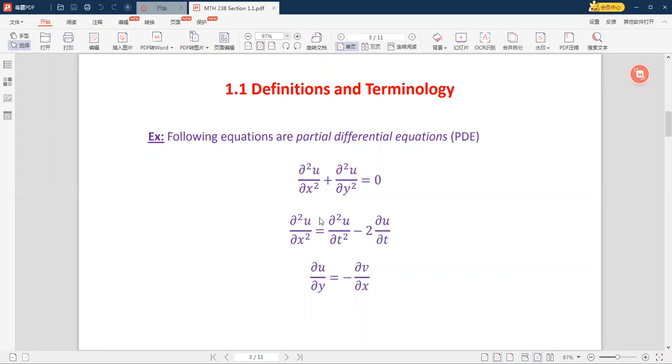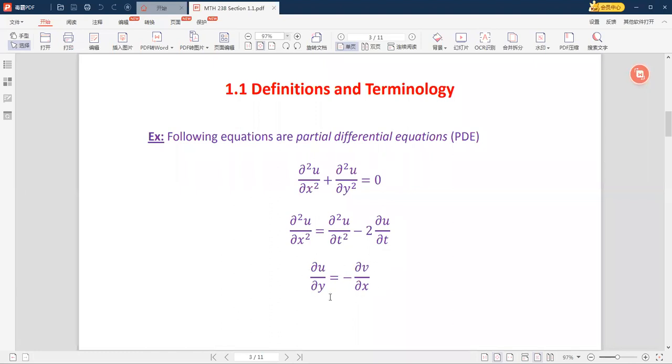But anyway, this is a partial differential equation. In the third example, this time we got two independent variables, x and y, but we also got two dependent variables, u and v. Those are the functions. u and v are functions of x and y. Okay. So again, this is a partial differential equation.